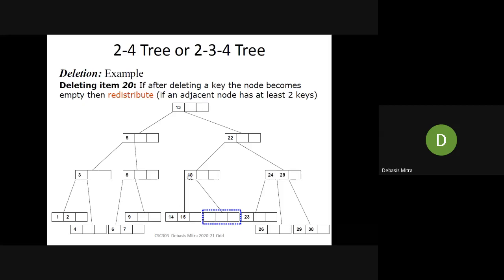So this kind of rotation is required. That is called the redistribution. 18 will come down and 15 will go up. So this will complete the deletion of element 20.